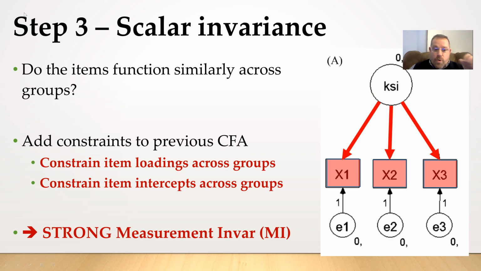And I'm going to talk about why that is in just a second. Well, I can talk about it right now. What you're doing in step 3 is you're not just constraining the item loadings across the group, you are now also constraining the item intercepts across group, which effectively is the item means.